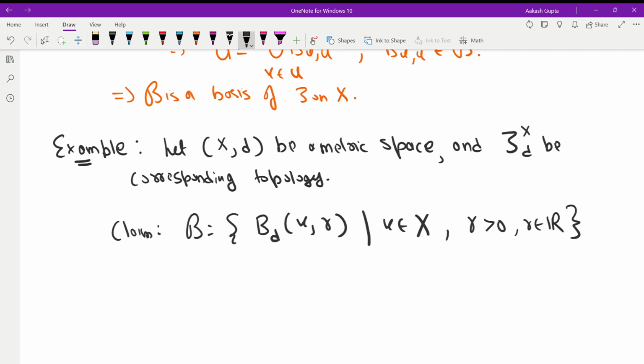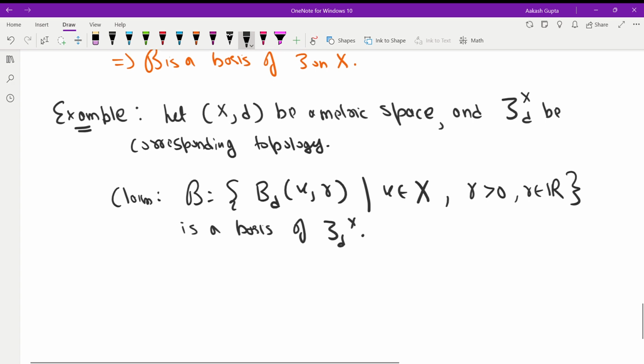So basically the collection of all open balls is a basis of tau_{X,d}. I hope you are very clear with this proof, right?